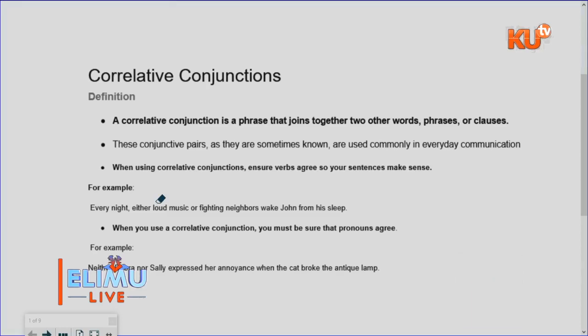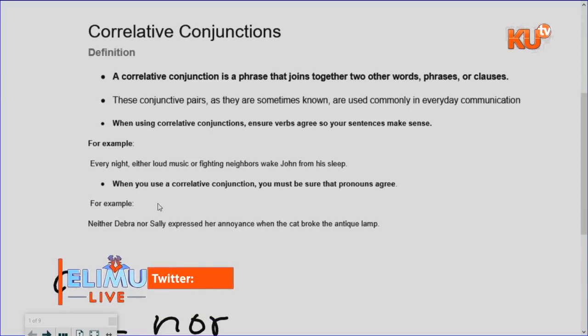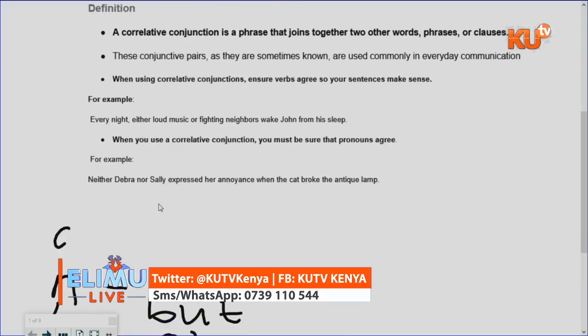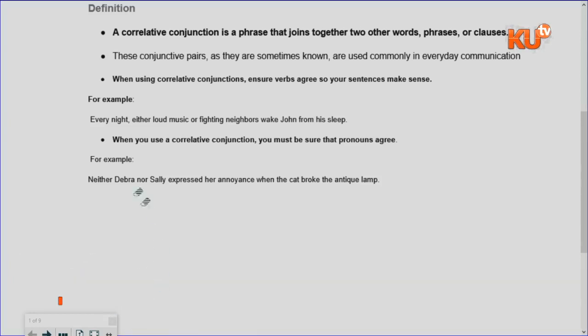These conjunctive pairs are used commonly in everyday communication. When using correlative conjunctions, ensure that your verbs agree so that your sentences make sense. For example, there is an example on your screen.